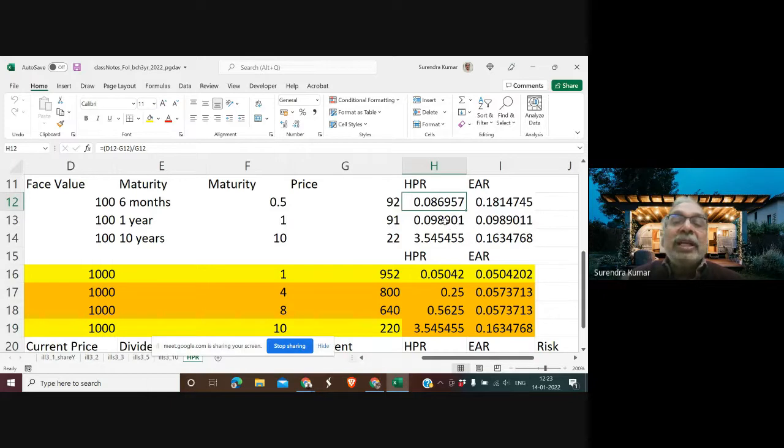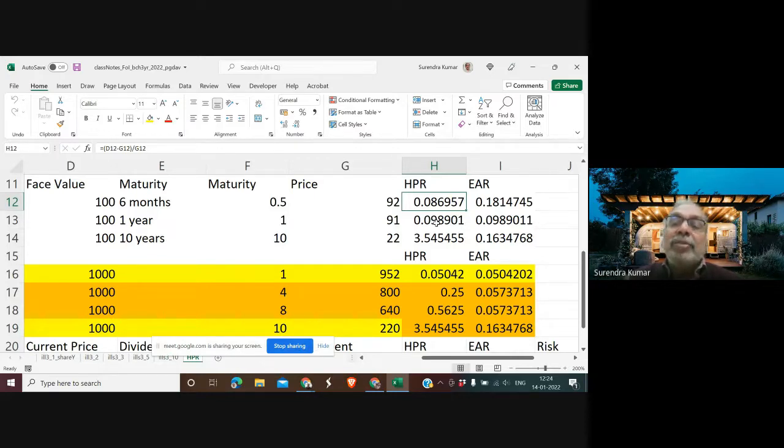But if you take the second case, now holding period return is definitely higher, because you are holding it for 1 year, and definitely you are getting in absolute terms a higher return, because it is selling in the market at 91 rupees. So there is a difference between the price and the face value of 9 rupees.